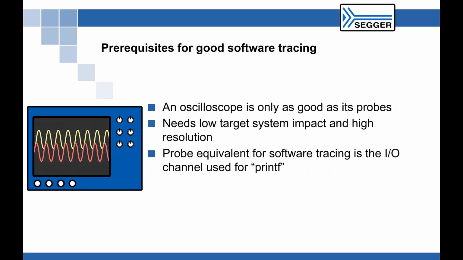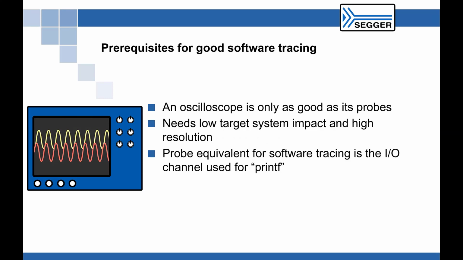So let's get back to this comparison to the oscilloscope. As I said initially, an oscilloscope is only as good as the probes that you're using to measure inside of your, in this comparison, hardware setup. If you use a very cheap probe setup, you will have a lot of noise. You will have a high impact on your hardware. This is something you want to avoid, and your measurement setup should always be as low impact as possible.